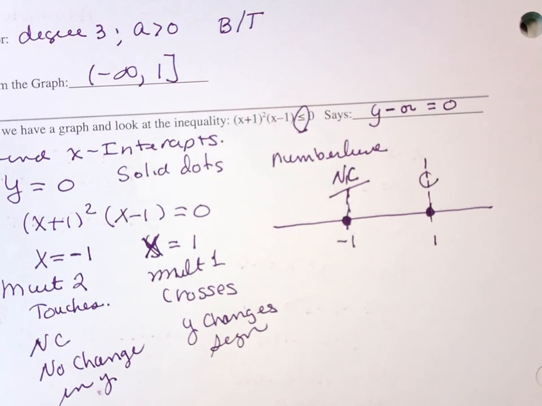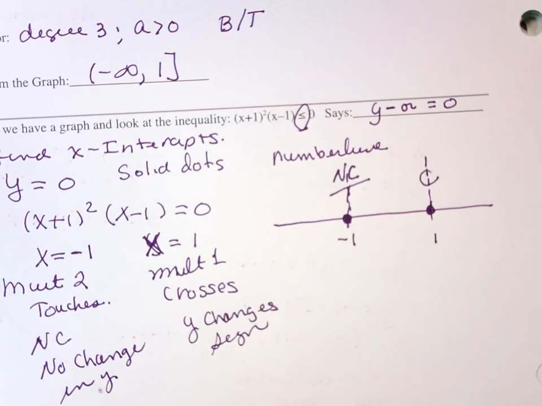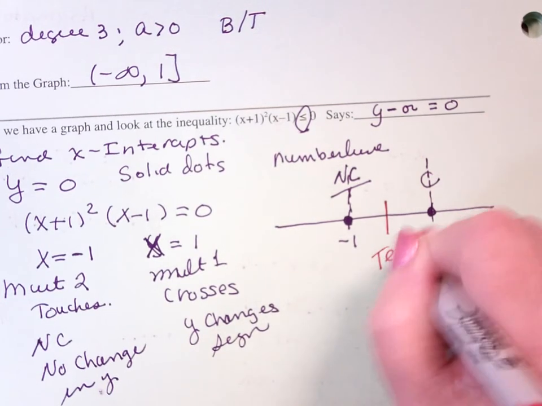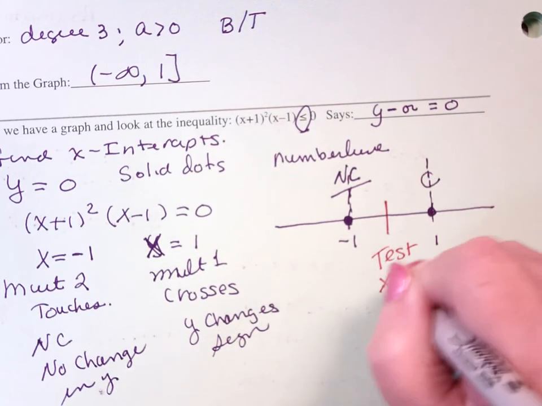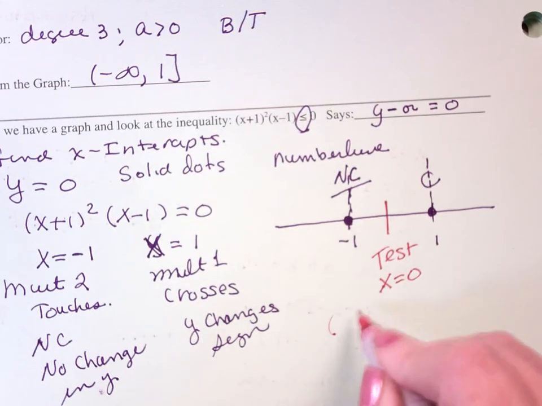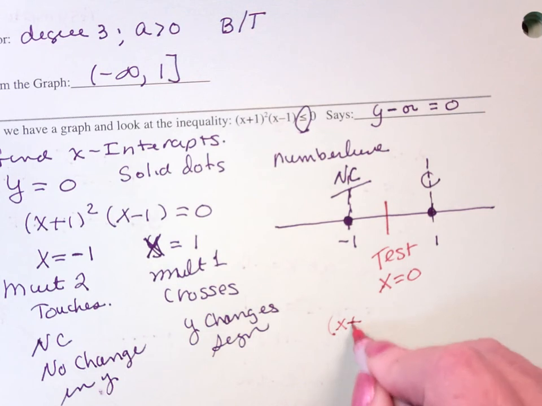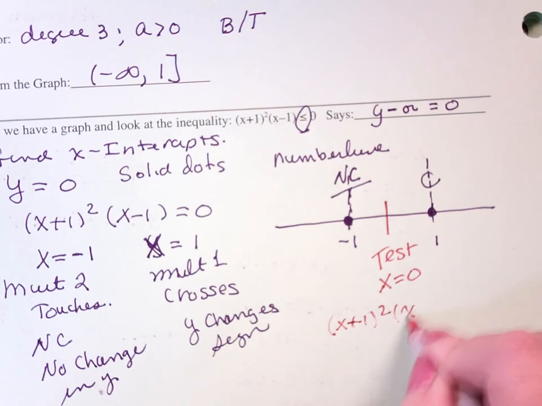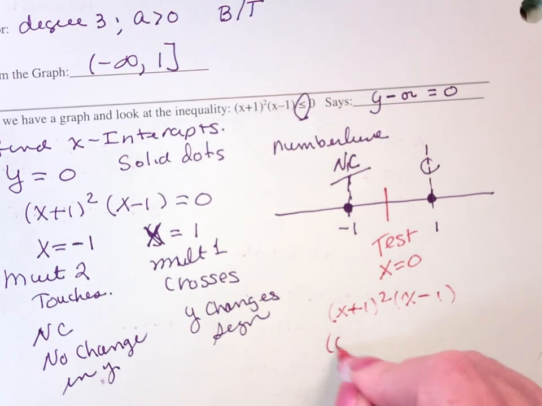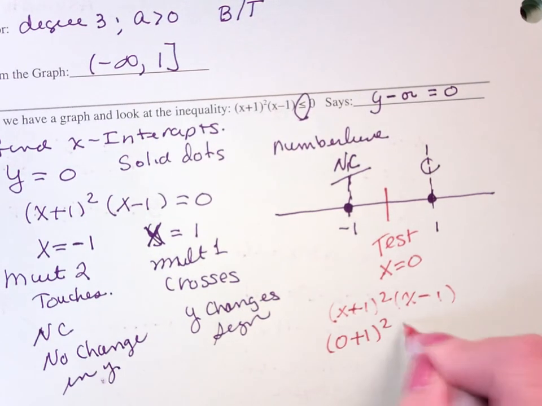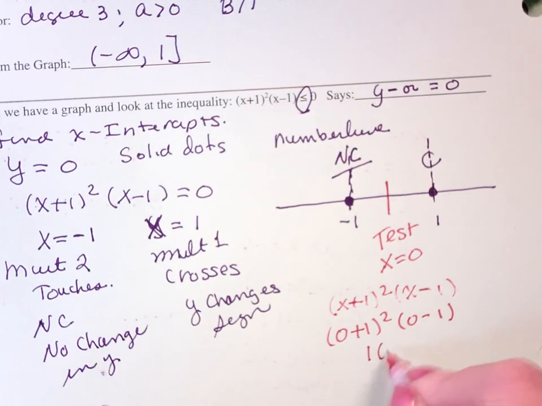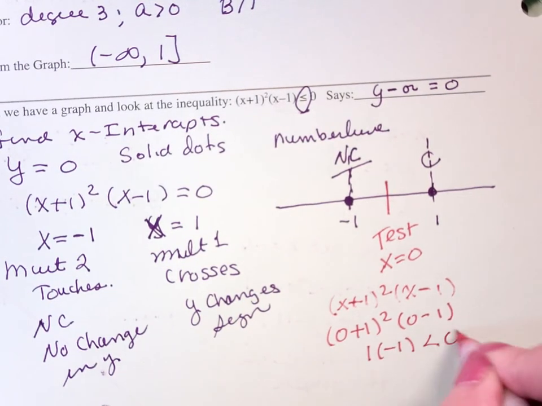So all I need to do is pull a test point, and I'm going to pick my favorite, x equals 0, and check. If x equals 0, is x plus 1 squared times x minus 1 positive or negative? Well, that's 0 plus 1 squared times 0 minus 1, which is 1 times minus 1. It's a negative number.